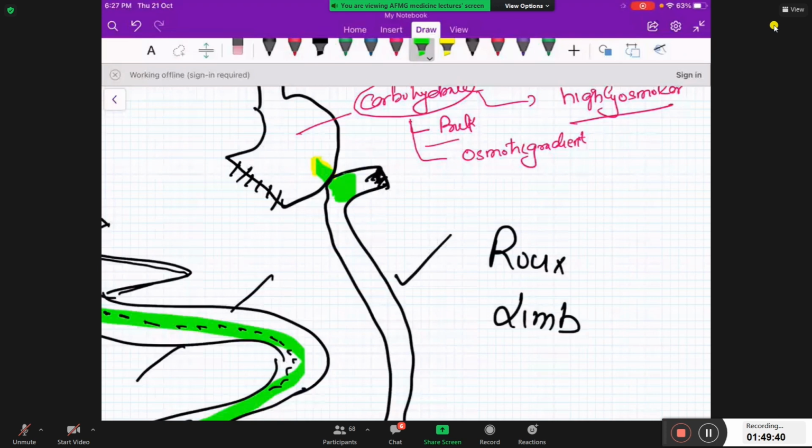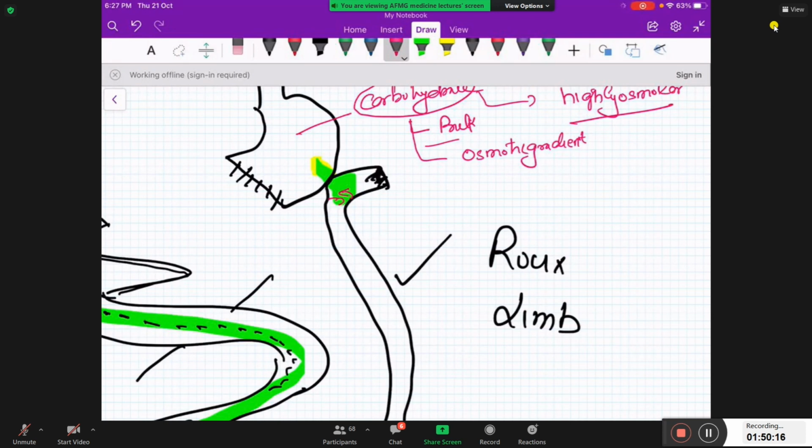So once this highly osmolar food reaches the jejunum, a gradient sets in between the food and the cells of the jejunum. Because of this osmotic gradient, the fluid from the cells of the jejunum shifts into the lumen.